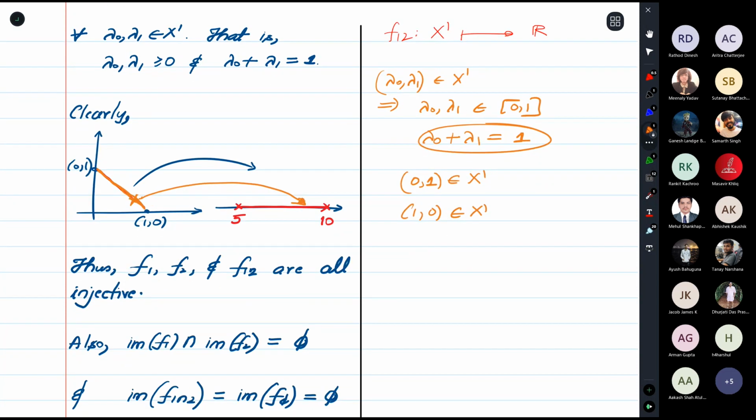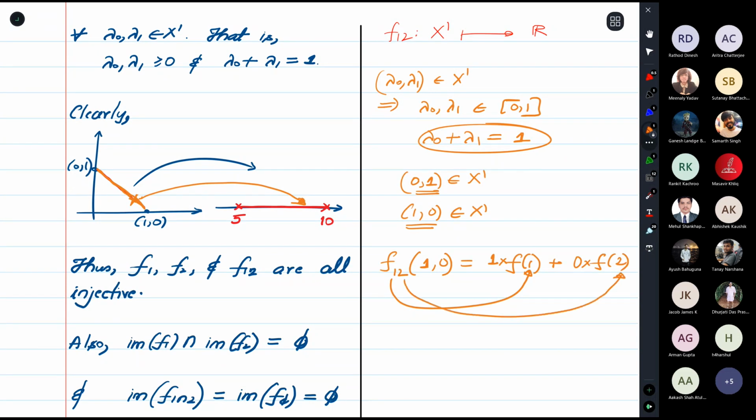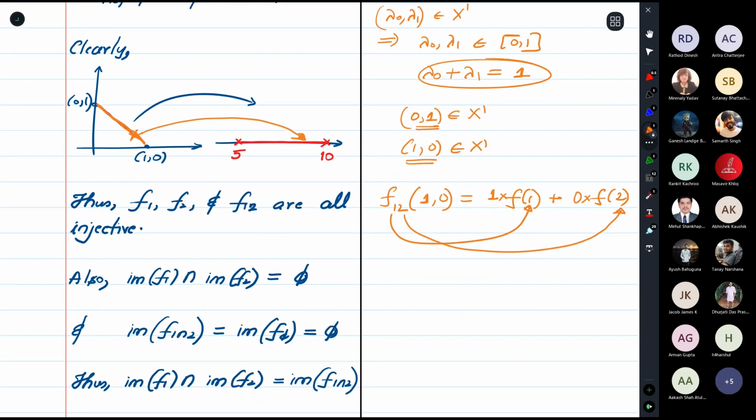Right, so now let's try to see where these two vectors (0, 1) and (1, 0) get mapped to. So f12 of (1, 0) is precisely 1 times f of 1, plus 0 times f of 2, which is the second vertex in this face. So this is precisely f of 1, which I hope you agree is 5.